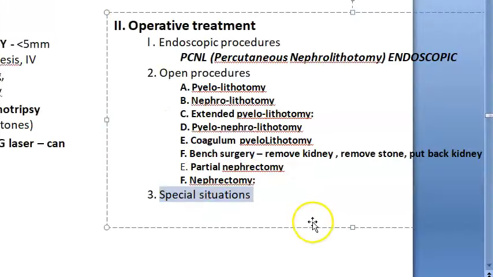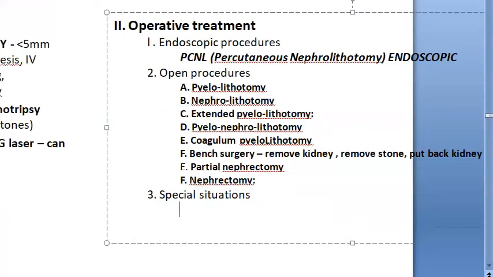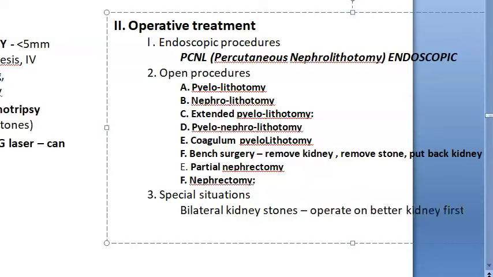Why will they operate the kidney with better function first? Interesting. The better functioning kidney has to be operated first, and then after 1 or 2 weeks you can operate on the opposite side.